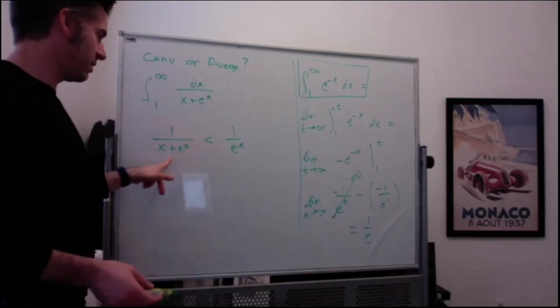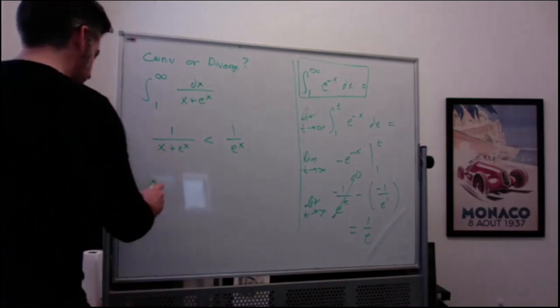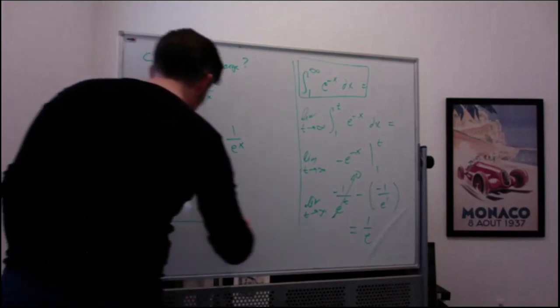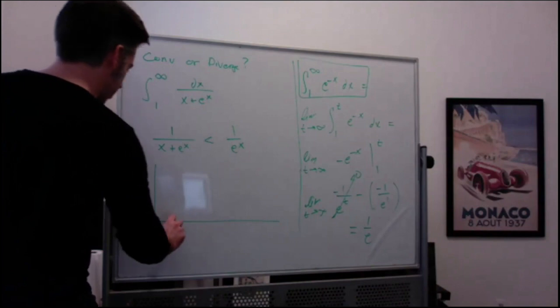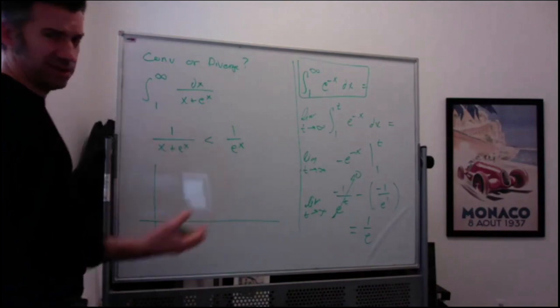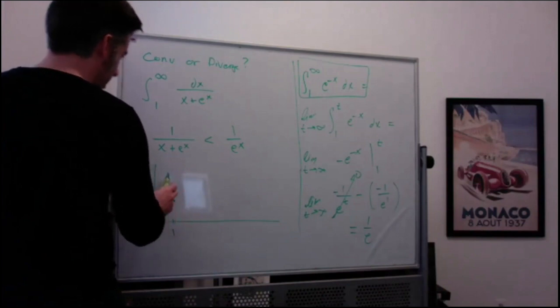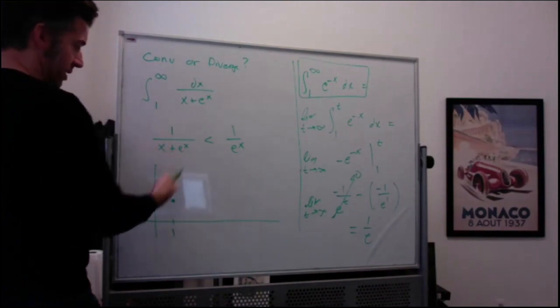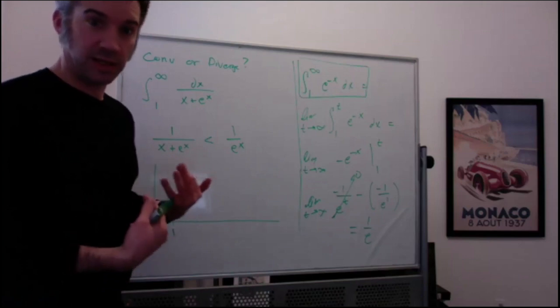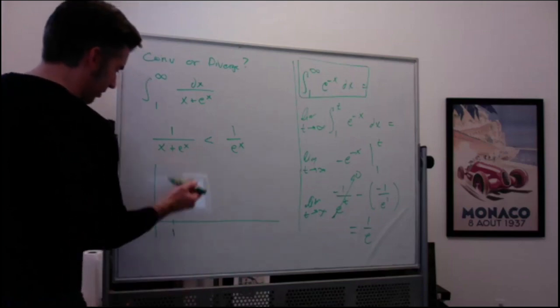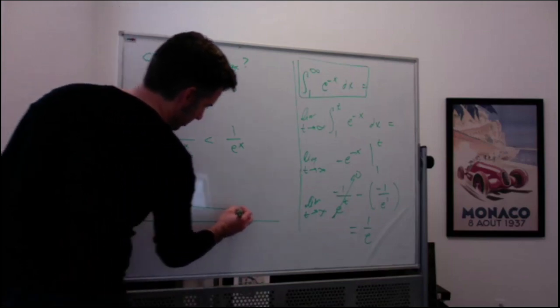So I'm going to draw this function not very well. I know if I plug in 1, I get 1 over 1 plus e, which is super small. Let's say it's like there. And this function, 1 over x plus e to the x, does get smaller and smaller as x is larger and larger. So this function, I don't know what it is exactly, but it looks kind of like this.